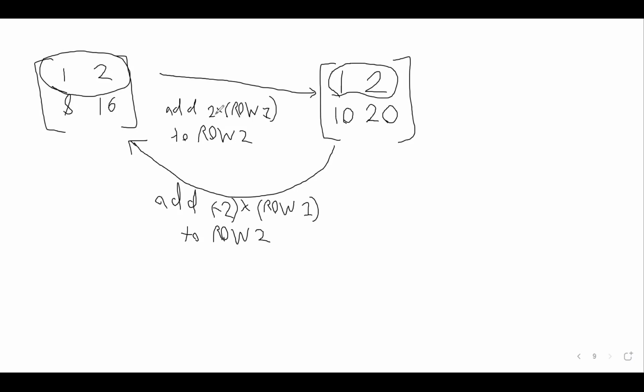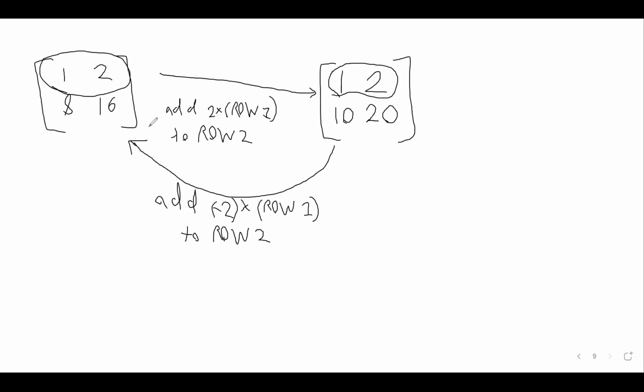So the general expression is a way of explaining a very general situation, okay? Because here we had specific rows. We're adding specifically 2 times, specifically row 1 to specifically row 2, right? We could have chosen different rows, or we could have chosen different constants. And we could have chosen a different starting matrix. So we just need to express this idea in general terms.